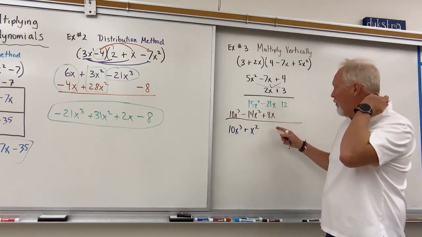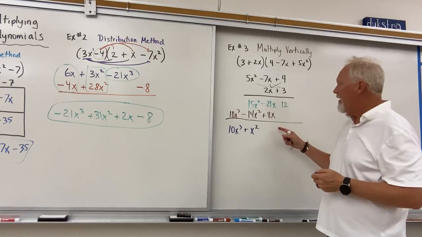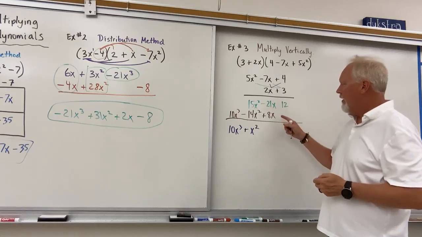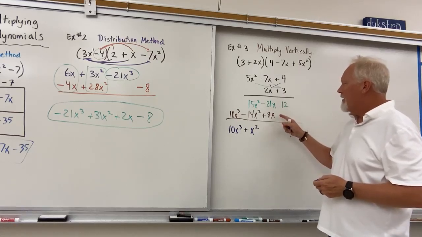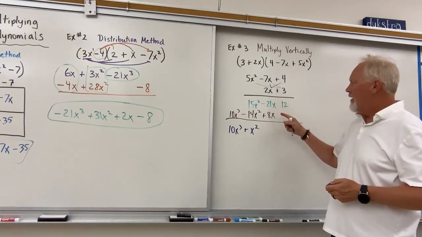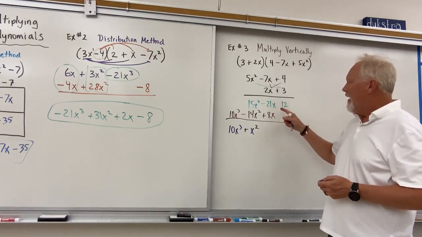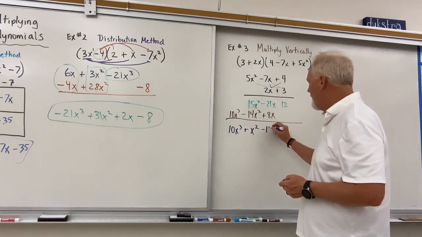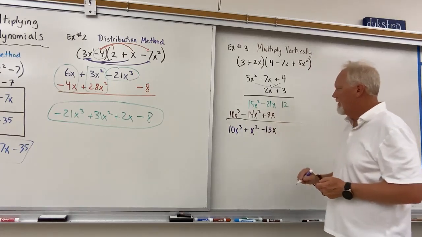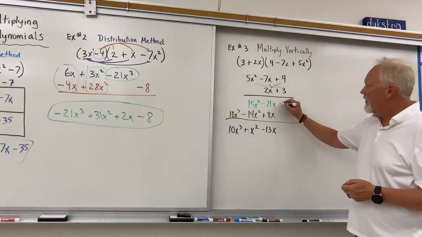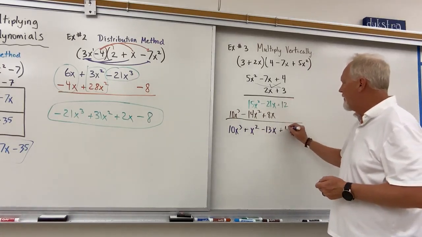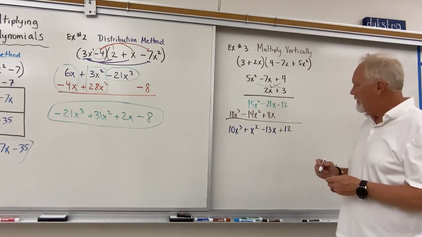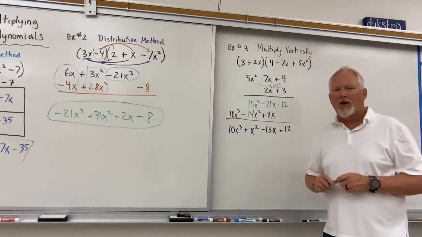So 2 less is negative 13. So this is negative 13x. And we had a plus 12, so we bring down our plus 12.